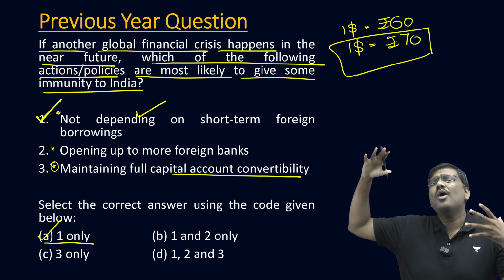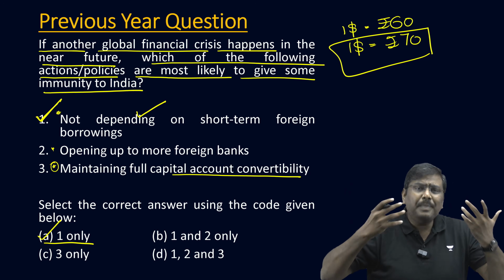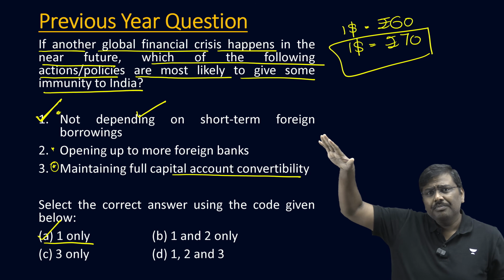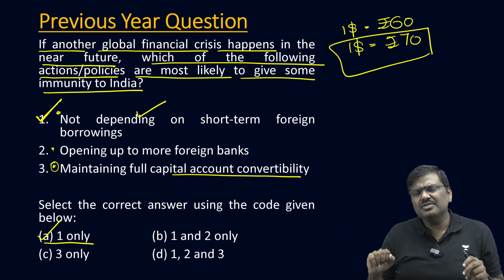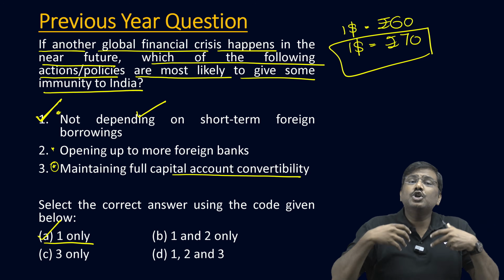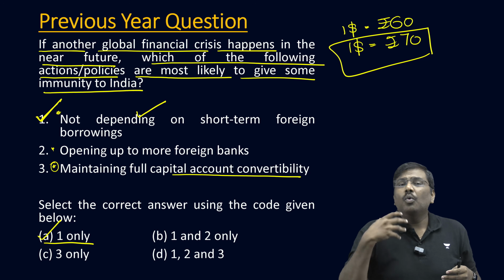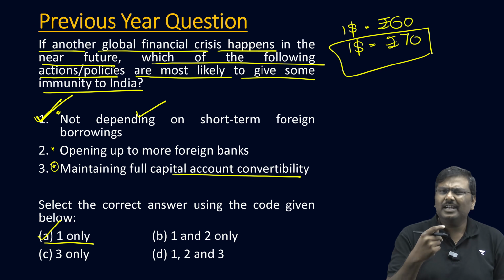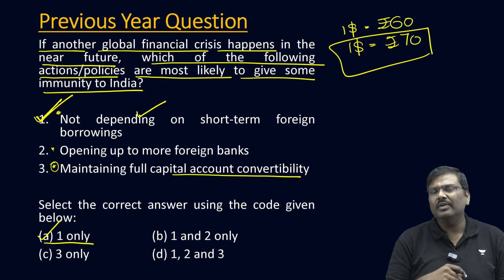If it was for a very long duration, maybe we can expect that by the time the repayment comes, there will be stability in the exchange rate. But because you have done short-term borrowing, volatility will affect your repayment. That's the reason I said the first statement, that is option A, is the right one.